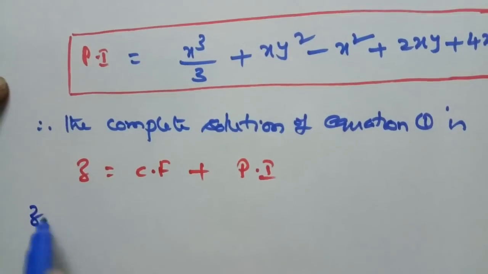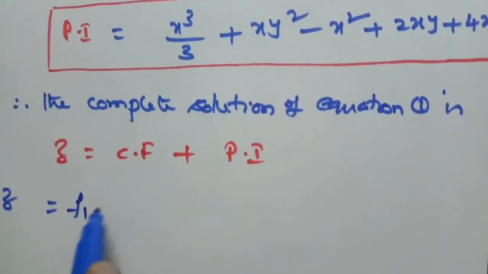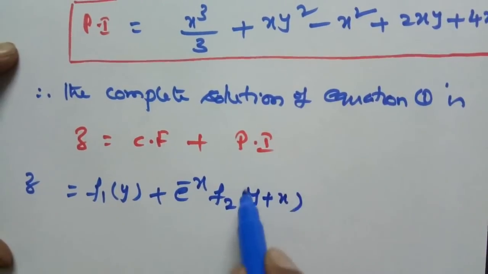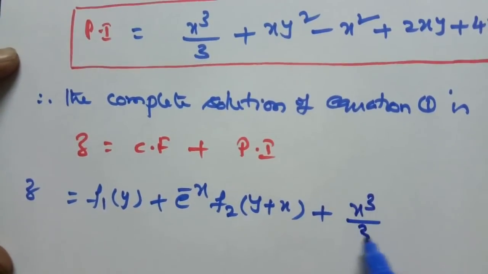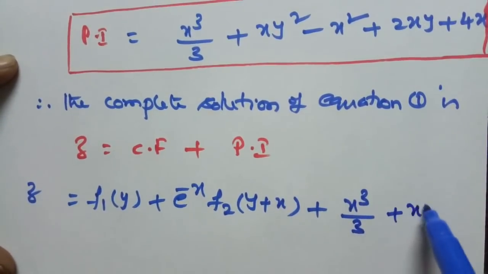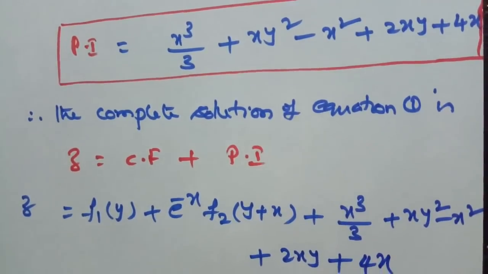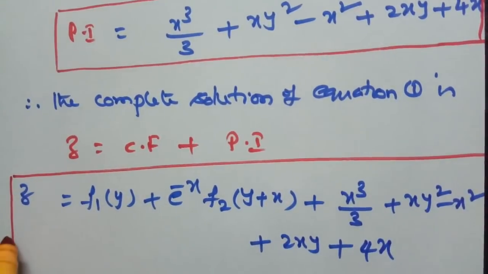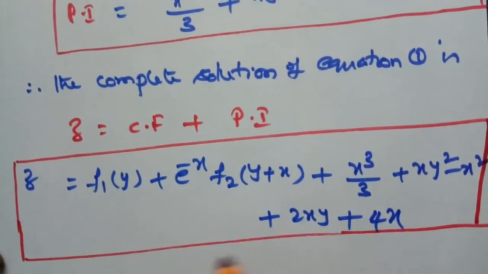Therefore, z is equal to the complementary function, f1 of y plus e to the power of minus x into f2 of (y plus x), plus the particular integral, x cubed by 3 plus x y squared minus x squared plus 2xy plus 4x, which is the complete solution for the given equation number 1.